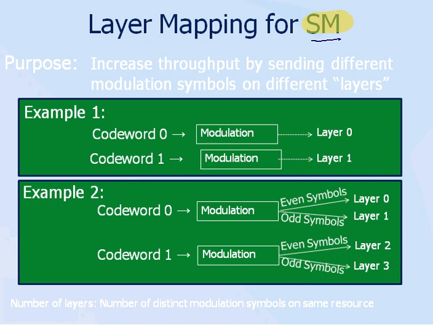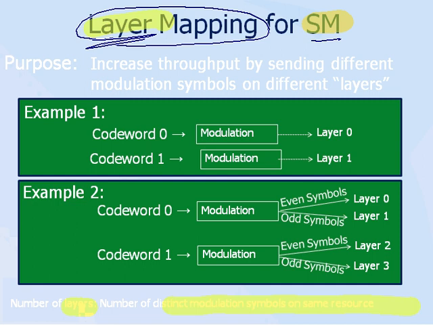Now, what is this layer mapping? Even before we go there, what is this layer? Basically, layer is telling us how many distinct modulation symbols I can put on the same subcarrier.